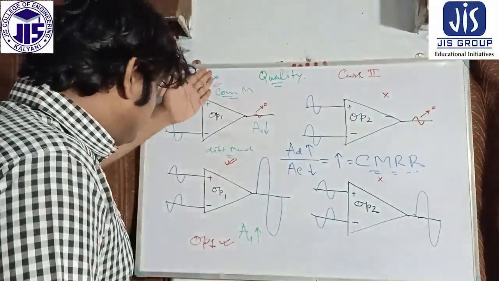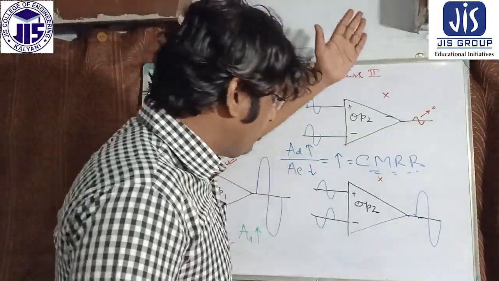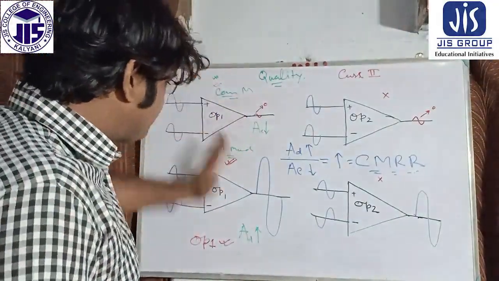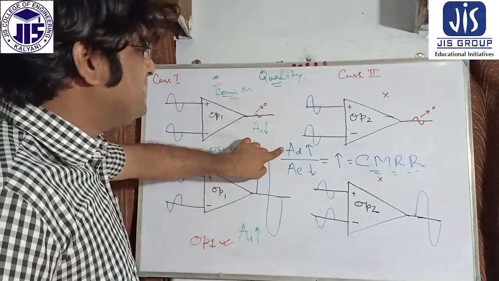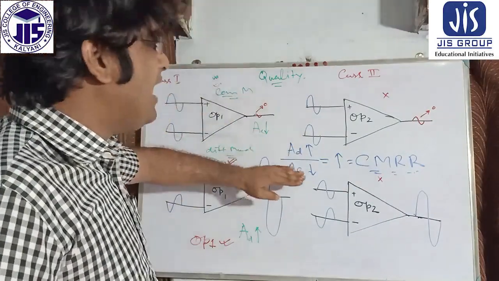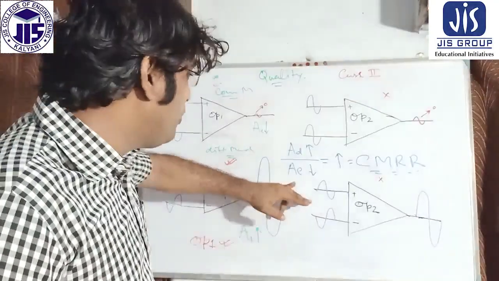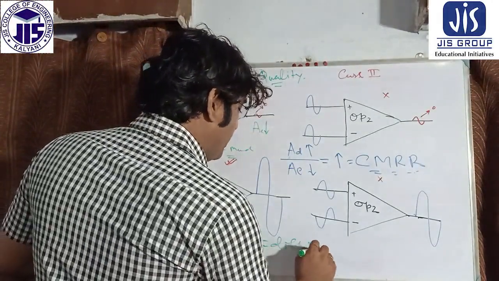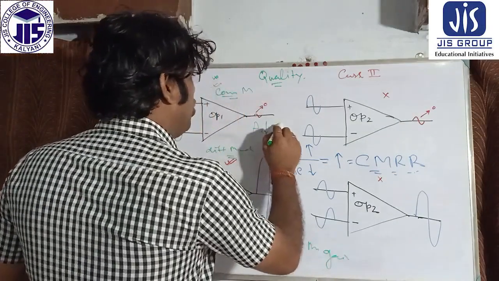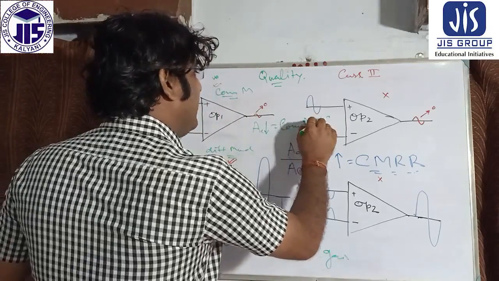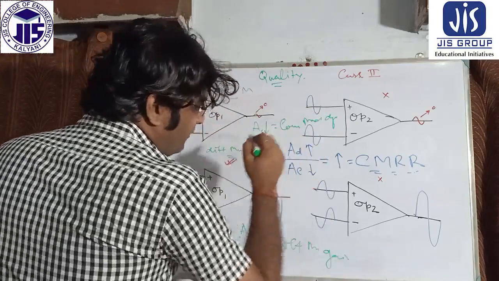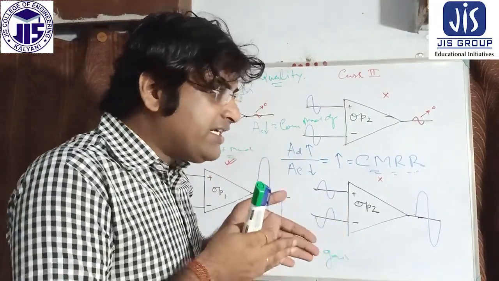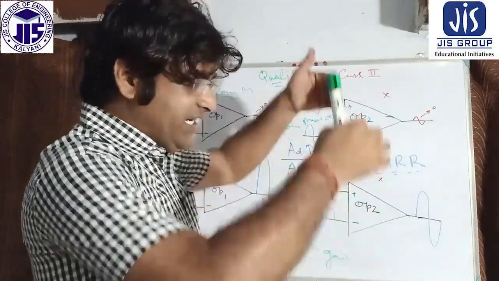Here this is op-amp 1 and this is op-amp 2. Between these we compare and determine that this op-amp's quality is high. This is the ratio of the difference mode gain to the common mode gain, AC, and you can see that the difference mode gain tends to be high and the common mode gain tends to be low.